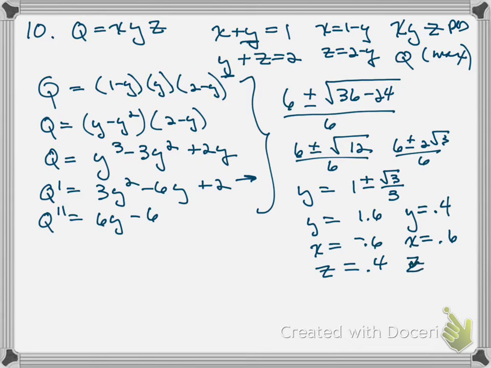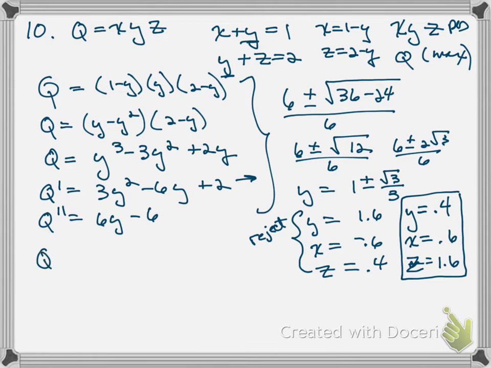And then z is going to be 2 minus 0.4, which is going to be, what, 1.6. That is better. So these are the numbers I'm going to use, okay? I have to reject this because I don't have a positive x value. Okay, so I have these values.